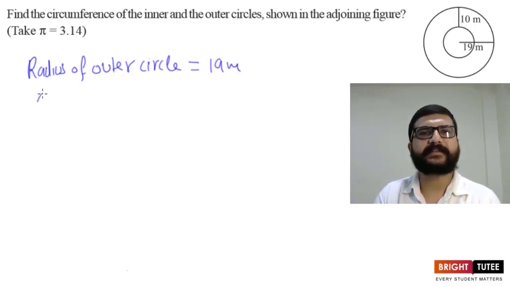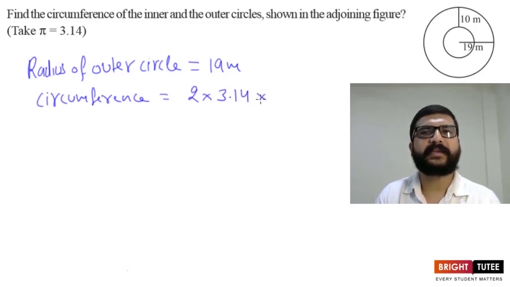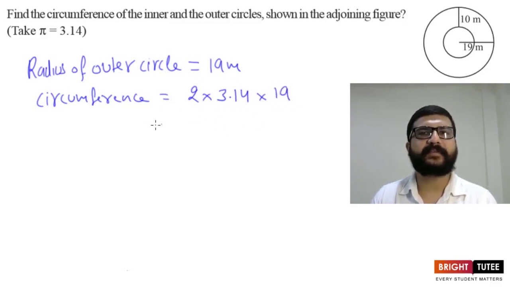So if the radius is 19 meters, what will be the circumference? As we know, circumference is equal to 2 pi r. So it will be 2 into 3.14, which is pi, into r, and that is 19. Now we just have to simplify this.